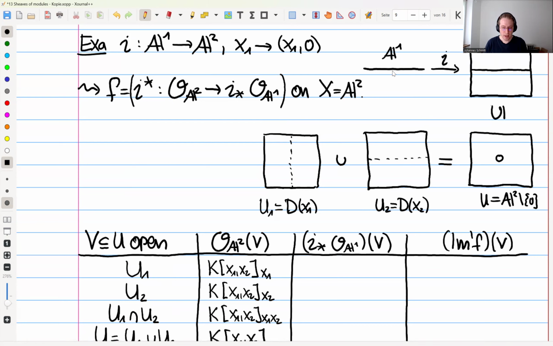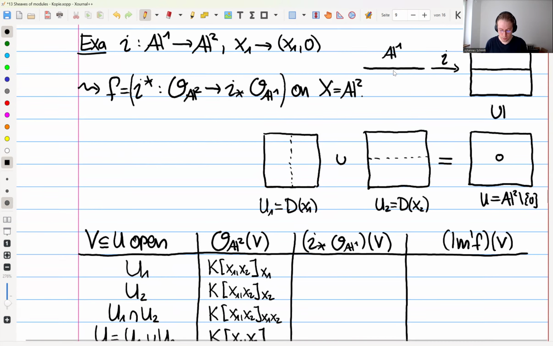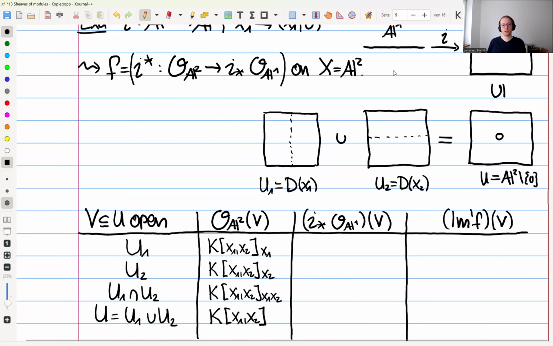So the push forward on this open set, by definition, is O of A1 on the pre-image. The pre-image is just the complement of the origin. So we want to know just what are the regular functions on A1 minus the origin.